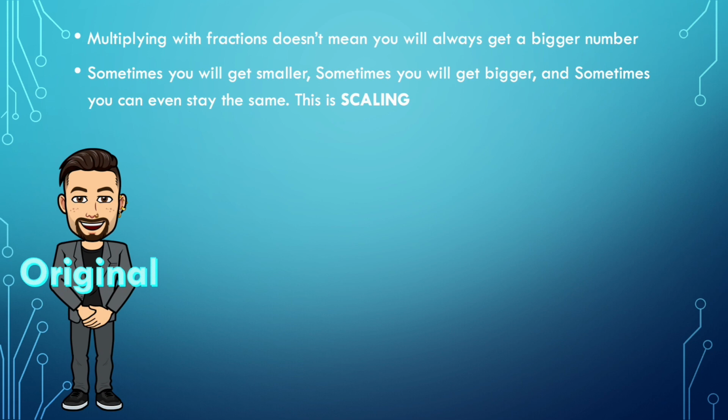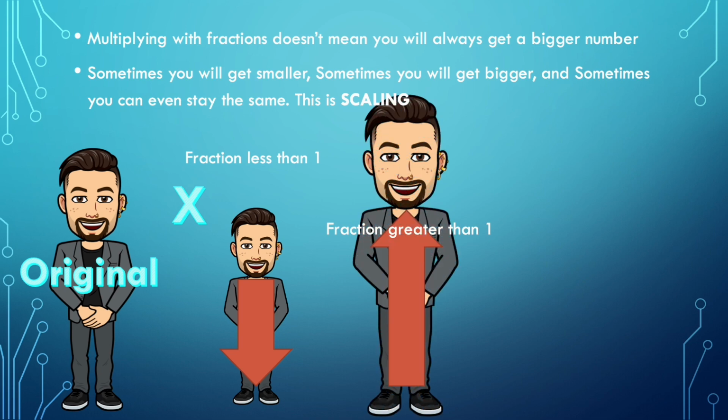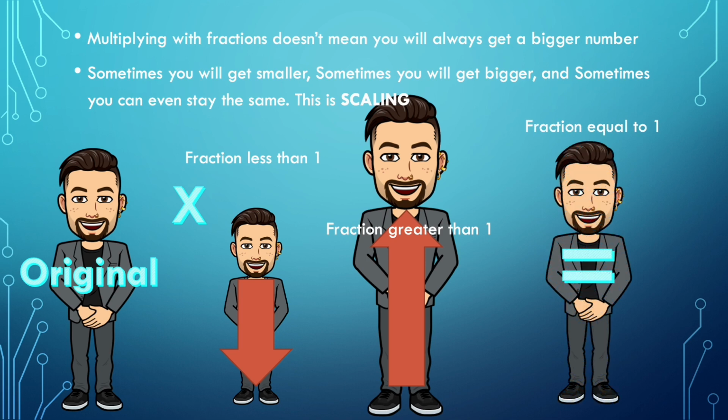Starting with our original number, if we multiply it by a fraction that is less than 1, we're going to get smaller. But if we multiply our original by a fraction greater than 1, we're going to get bigger. And if we multiply that original number by a fraction that is equal to 1, we're going to stay the same.